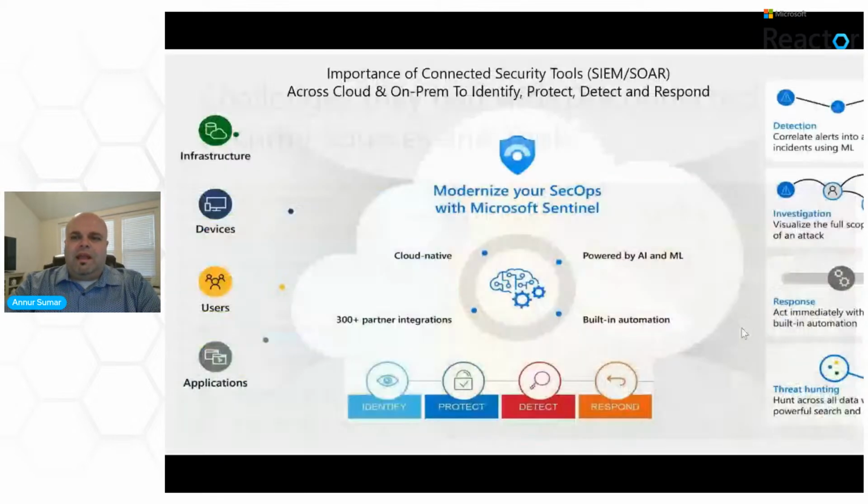One very important aspect of this is, if you have the capability to have a SIEM and a SOAR, or a SIEM in place, at least to be able to identify, protect, detect, and respond, it makes life a whole lot easier to see where things are in the attack chain and to quickly see where an attack is unfolding.